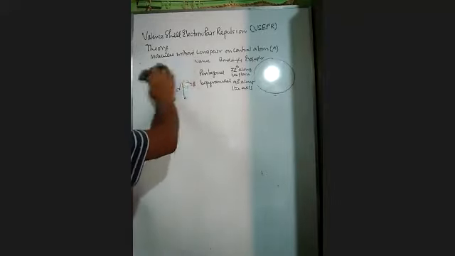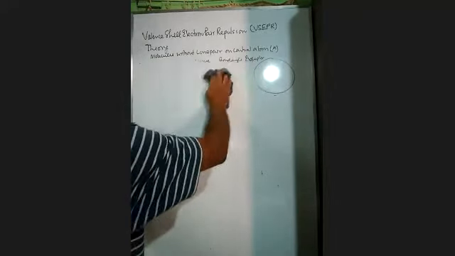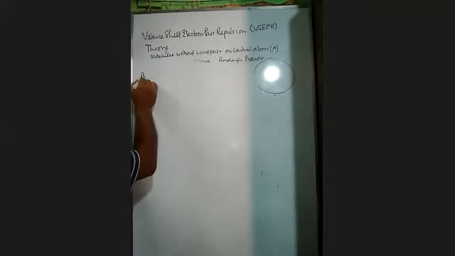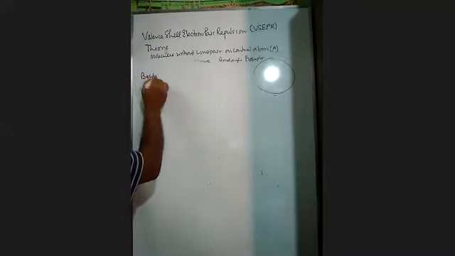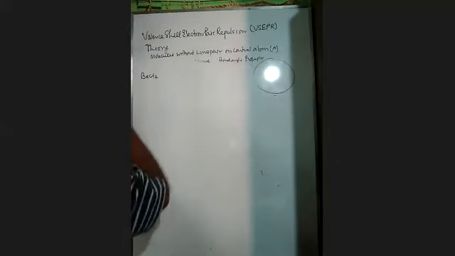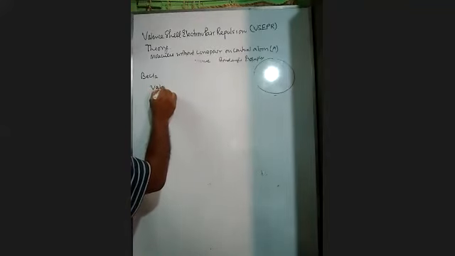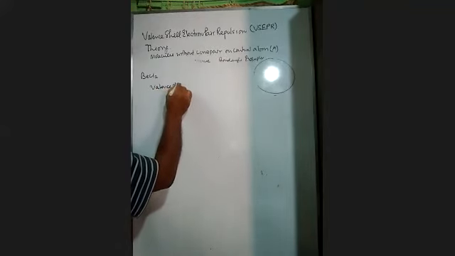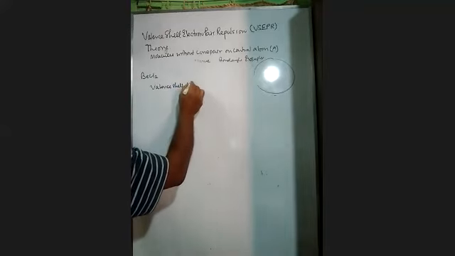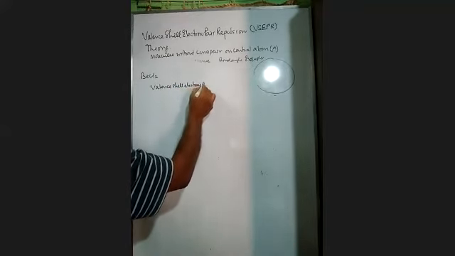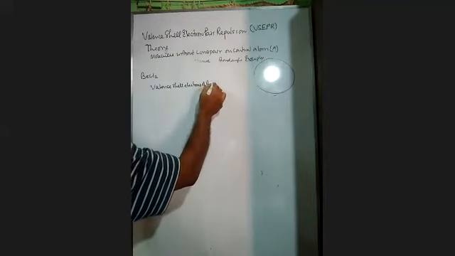I'll show you how to draw this structure. Suppose you are being asked to draw the structure of BeCl2. First you write the valence shell electrons of Be.